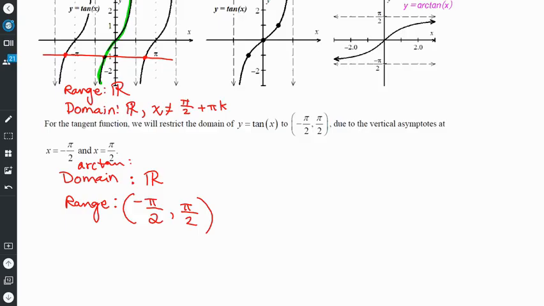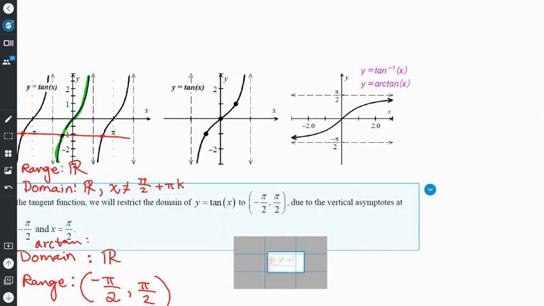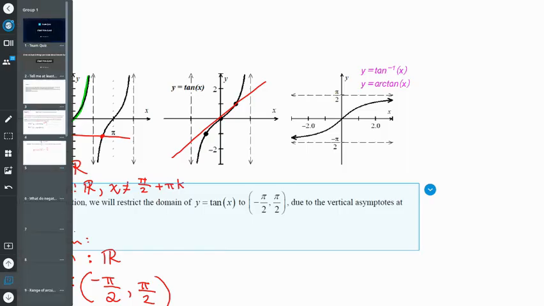We restricted the domain to make it one-to-one. Originally it didn't pass the horizontal line test, but now that we restricted it, it's passing the horizontal line test. In that case, now we can reflect it over the line y equals x, where we switch the x and the y values, and this is what the graph of the inverse of tangent becomes. Does that make sense? Any questions?